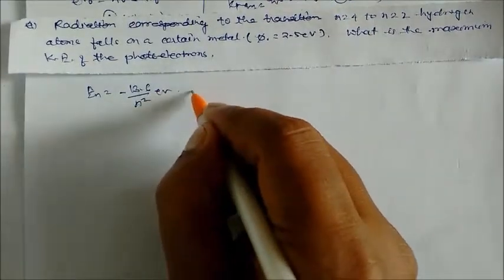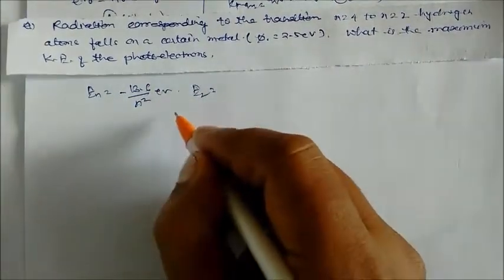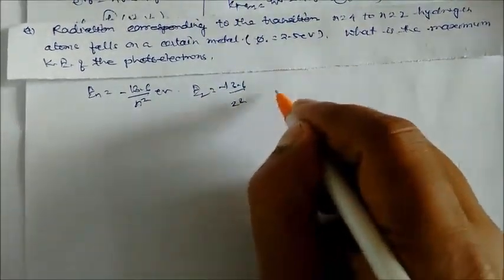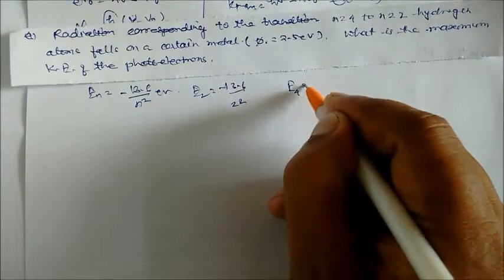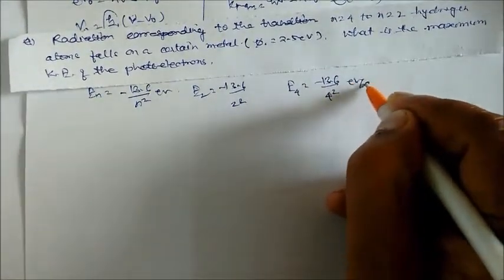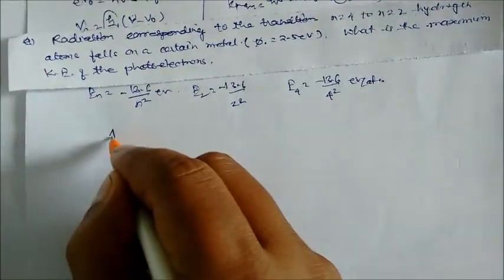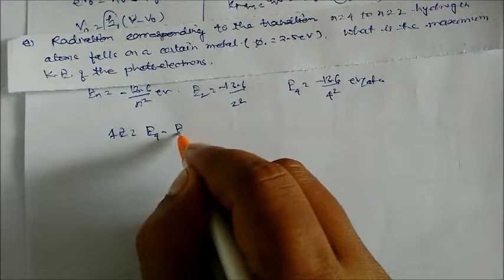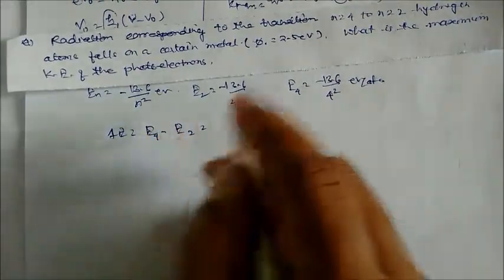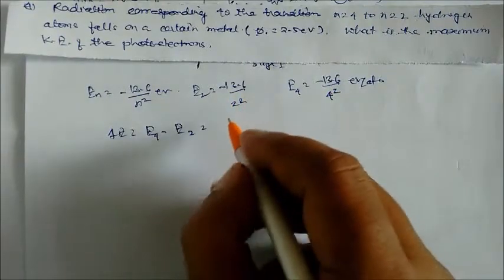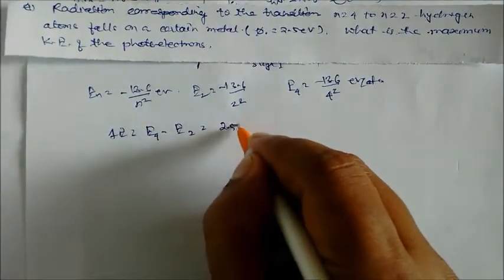E2 for the second orbit is minus 13.6 by 2 square, and for the fourth orbit it will be minus 13.6 divided by 4 square, in electron volt per atom. So the change in energy will be E4, fourth orbit, minus second orbit, so we will get the answer 2.55 electron volt.